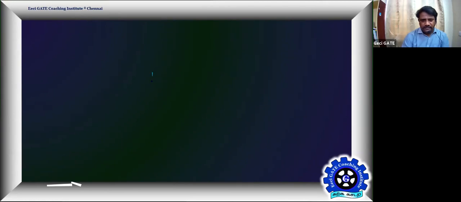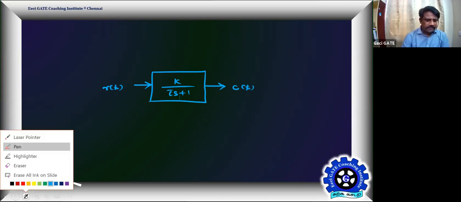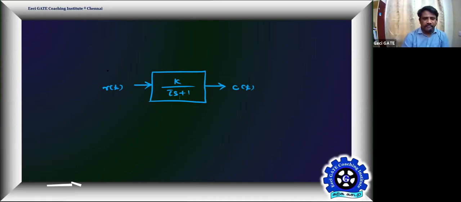So, yesterday we played with only first order system, given in time domain as K by tau s plus 1, excited by the input command r of t. The output response is the control variable c of t, and the reference input is labeled as r of t. So when r of t is equal to del of t, we got c of t.